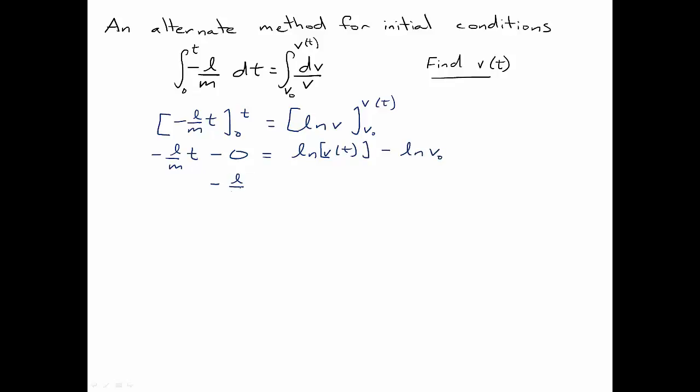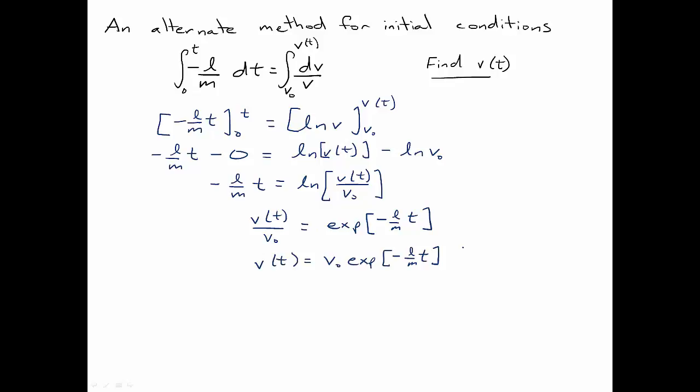So this is minus L over M t equals log, if you know your log properties, this is v of t over v naught. So this gives us v of t over v naught equals the exponential of minus L over M t. So multiply that out. Now we don't have integration constants, we just did definite integrals, and we get the same answer we got last time. Cool, right? I prefer this method myself, at least when I'm doing this sort of problem.